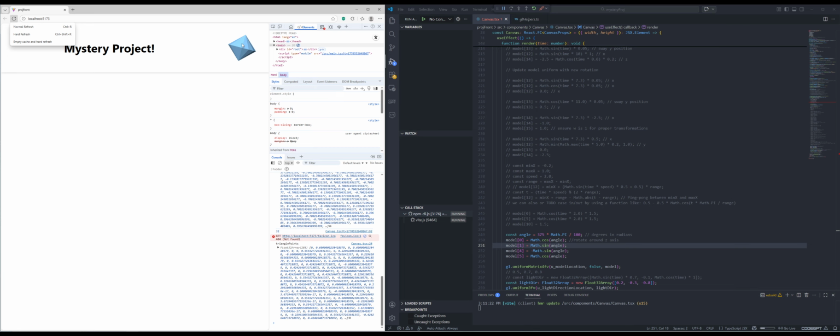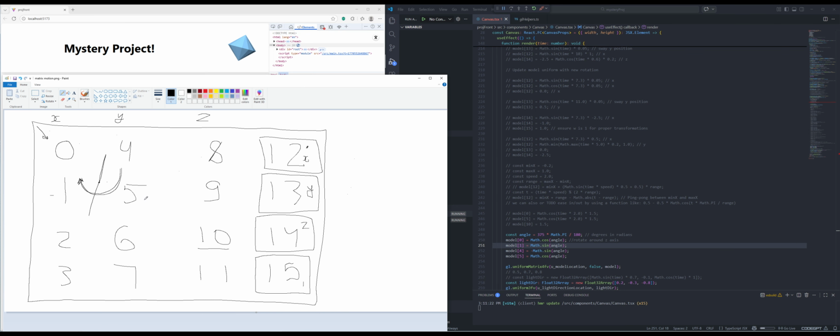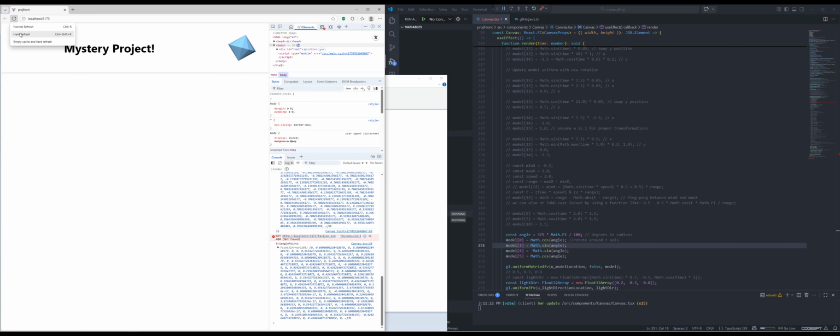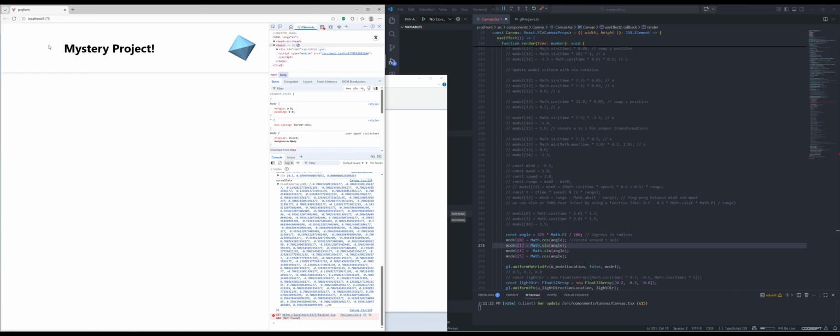Well, it's counterclockwise. It will be counterclockwise. Yes, so it will be in the same position as right now. No, I mean vice versa. It will be vice versa.